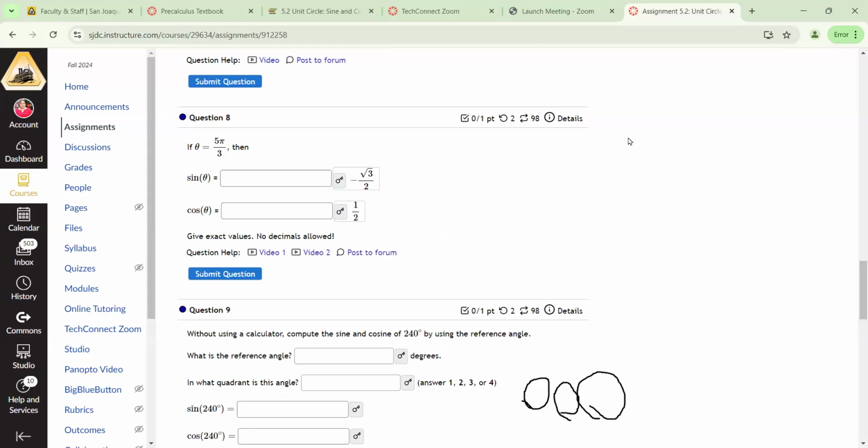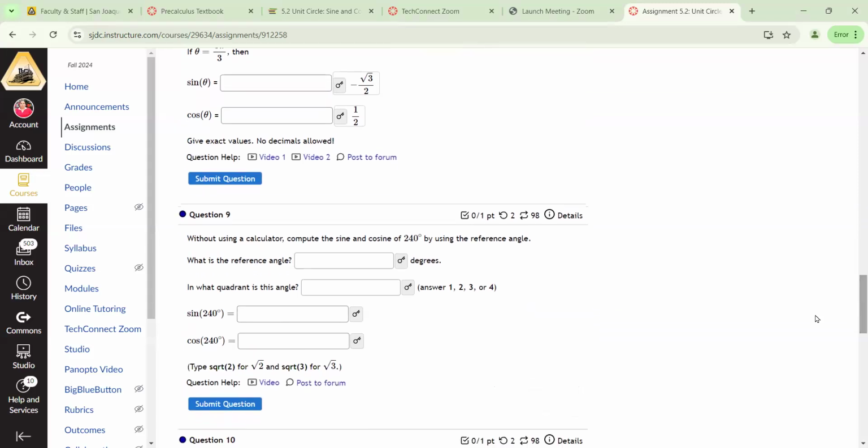Number 9 is saying without using a calculator, compute the sine and cosine of 240 degrees by using the reference angle. What is a reference angle for 240 degrees in your unit circle? So the reference angle is the angle at the same location in the other quadrant of your unit circle.